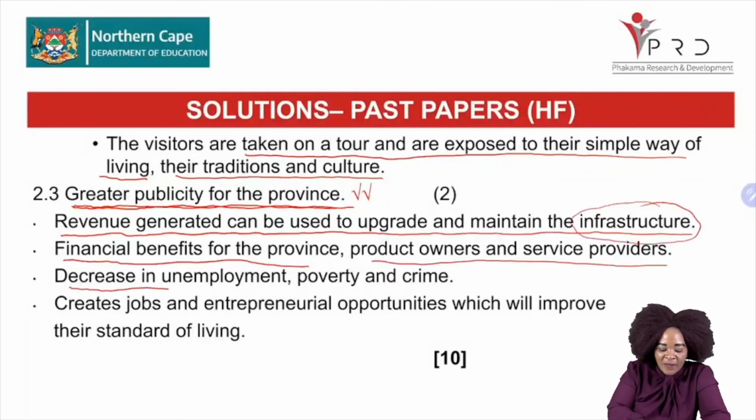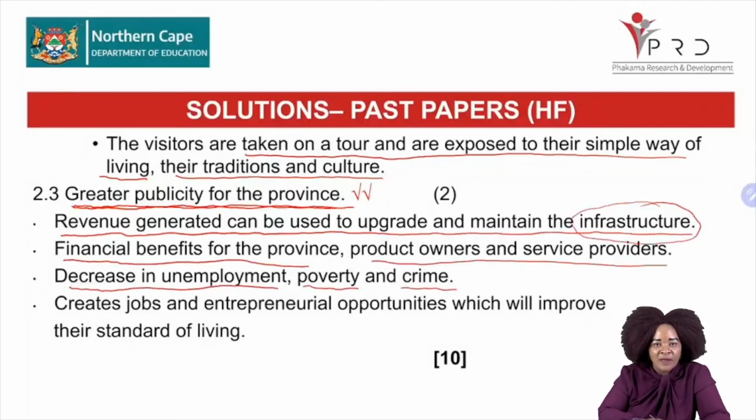Decrease in unemployment, poverty, and crime. You can imagine, tourists come to the area. Sometimes they pay to enter these World Heritage sites, depending if there is an entrance fee. Even if they don't pay to enter the World Heritage sites, they still use the other businesses, the product owners that have been mentioned here, and also the service providers, they pay to use them.